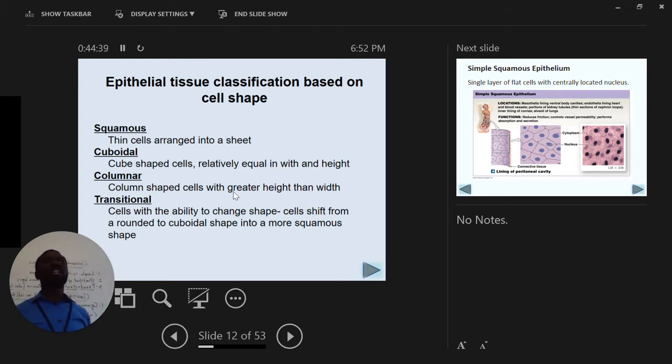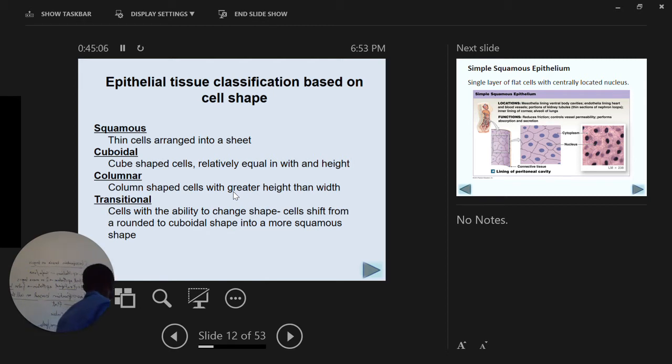Yeah. It looks like a cube. Then number 3 is columnar. From the word columnar, what do you see? Column. Then if I want to just make it simple again, I'll say pole. Right? When you say column or pillar, looks like a column.